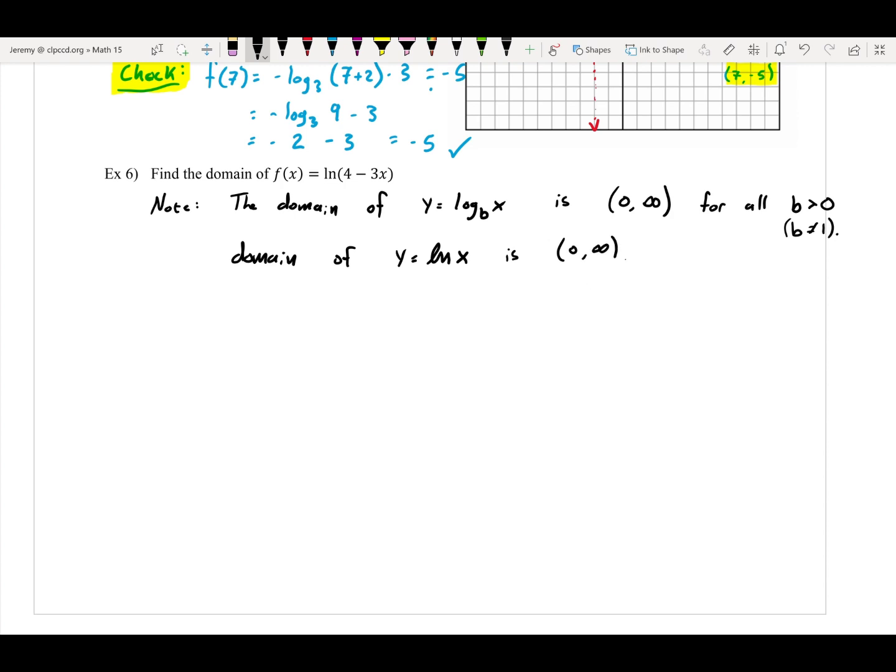What we have to account for is that on the inside of this function, we have this little linear expression, 4 minus 3x. Okay.